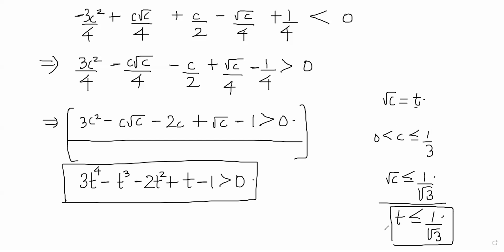We also have, this implies basically that t power 4 will be less than or equal to 1 by 9, right? So 3t power 4 is less than or equal to 1 by 3, correct? So 3t power 4 is less than or equal to 1 by 3 is coming.